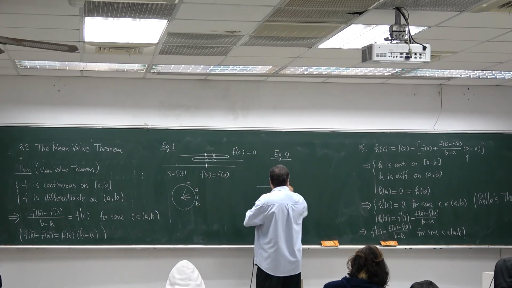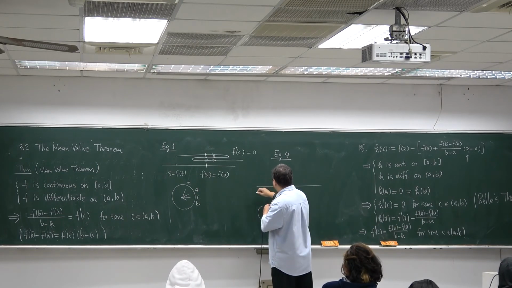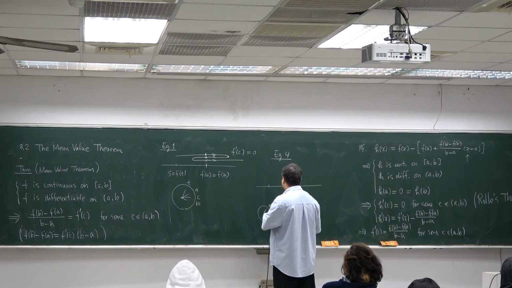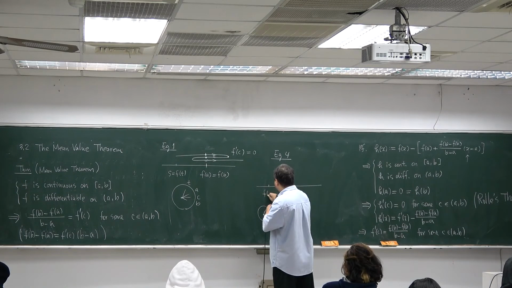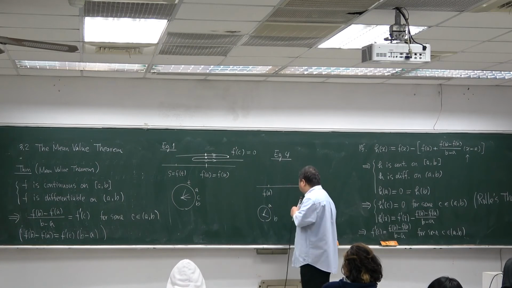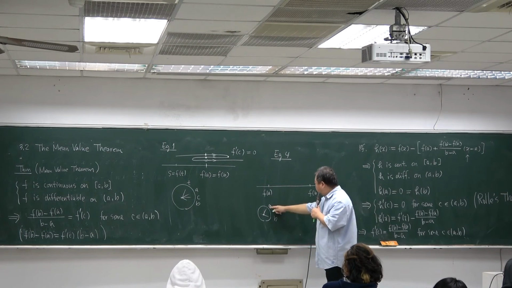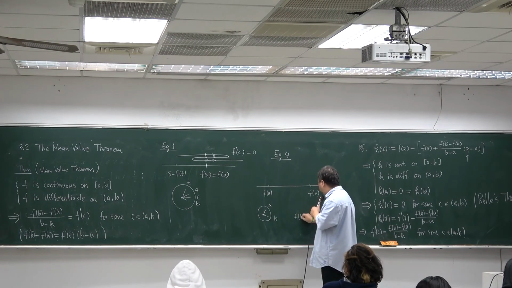If someone is at a position f of a at some time a, and at a position f of b at time b, then the average velocity on this time interval is (f of b minus f of a) over (b minus a).